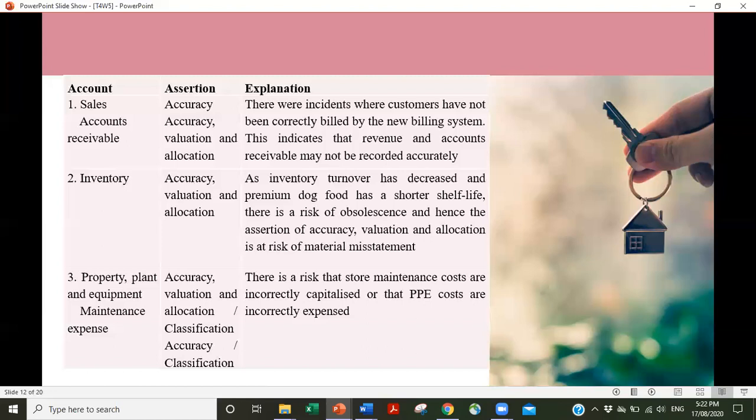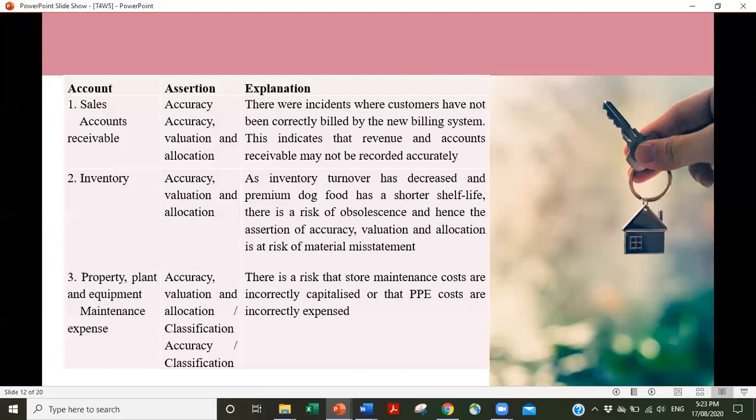Also, if your sales are not accurate, your invoicing process is not accurate, then your accounts receivable may not reflect the proper value or be allocated the correct amount that you are due to receive. So the accounts receivable would not necessarily be recorded correctly.